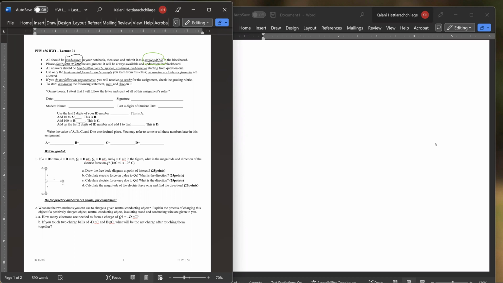Okay, so if you don't know how to convert into a single PDF, let's watch some YouTube video, or you can scan from your phone and it will automatically combine all the scanned papers into one single file that you can submit into the Blackboard page. So first time I will give you some feedback saying that please submit a single file. If you see that, make sure that you learn how to submit a single file into the Blackboard page.